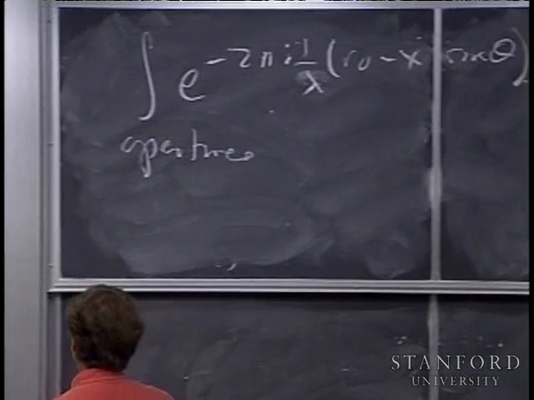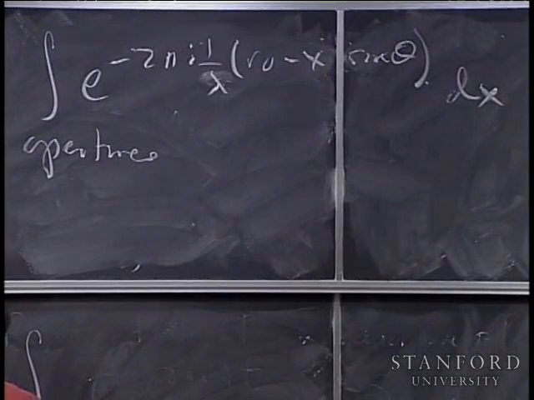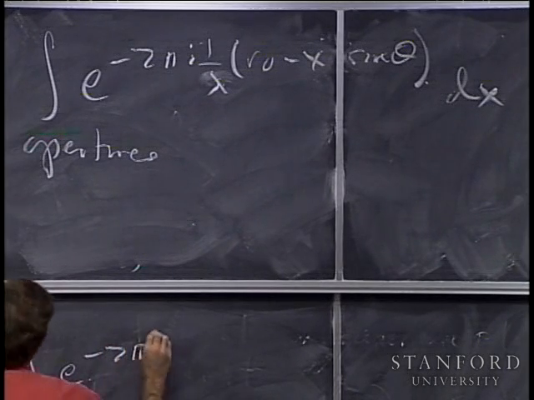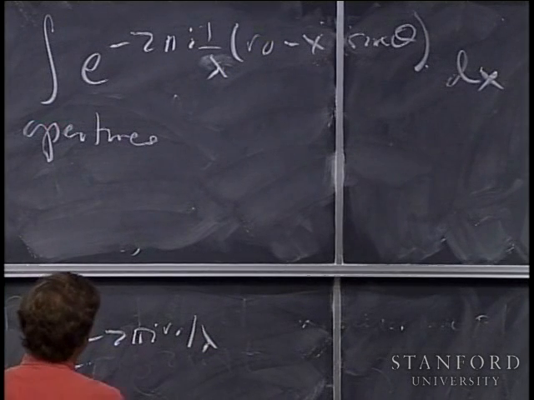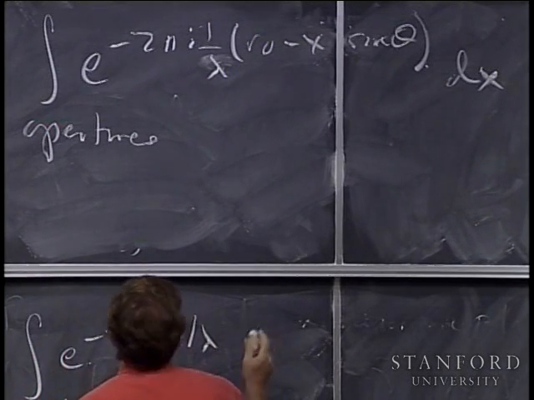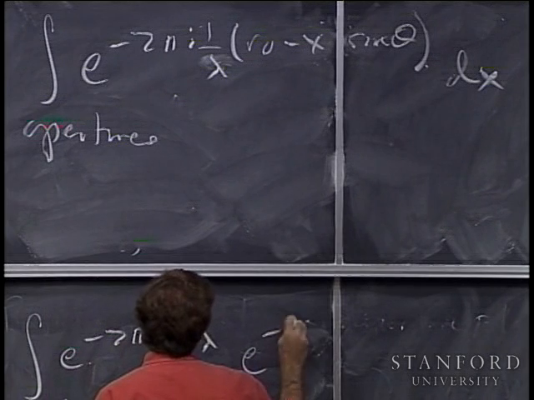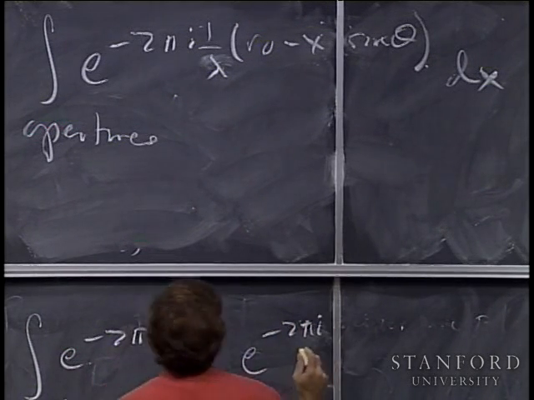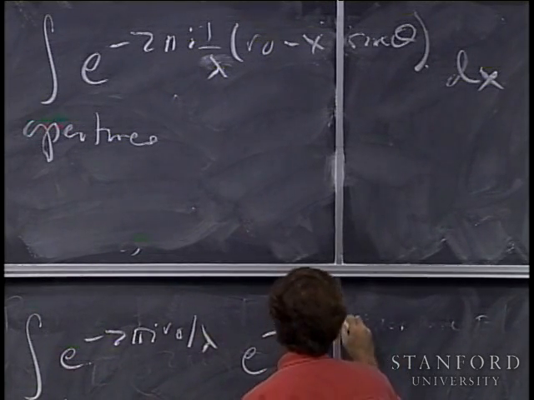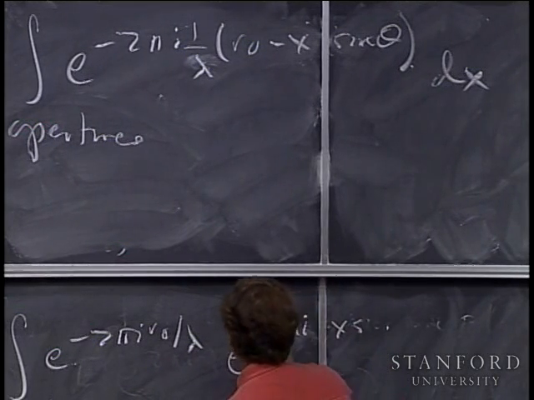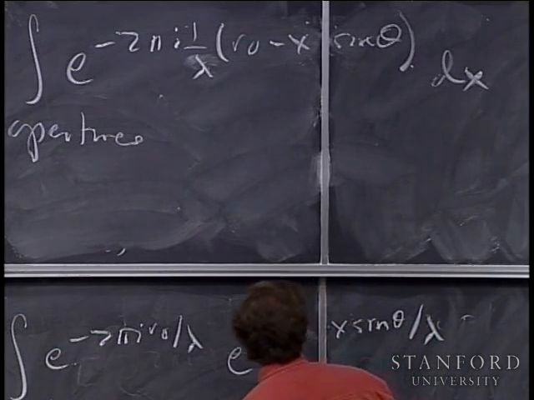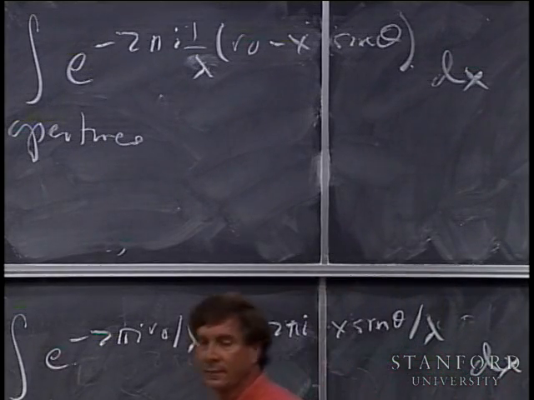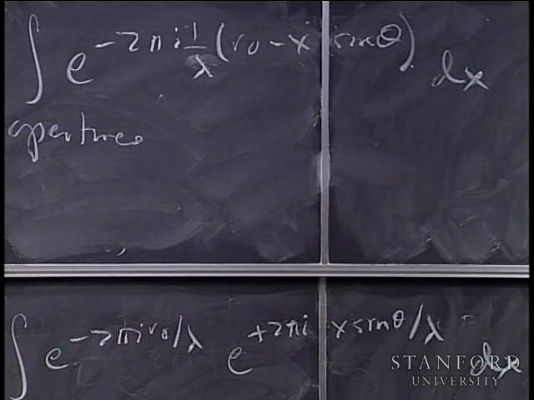So that's the integral over the apertures of e to the minus 2 pi i r naught over lambda, which doesn't depend on x, times e to the plus 2 pi i x sine theta over lambda dx. I haven't done anything except plug that in.